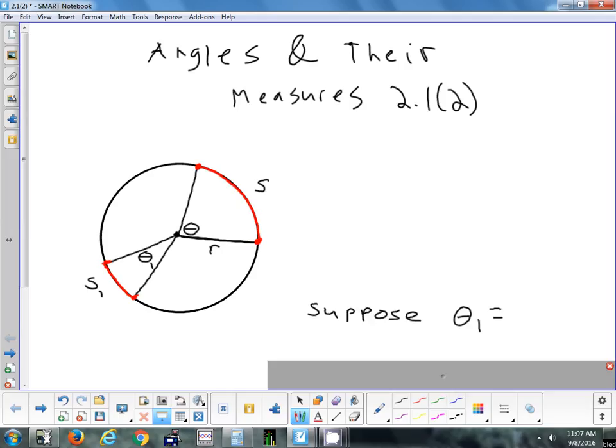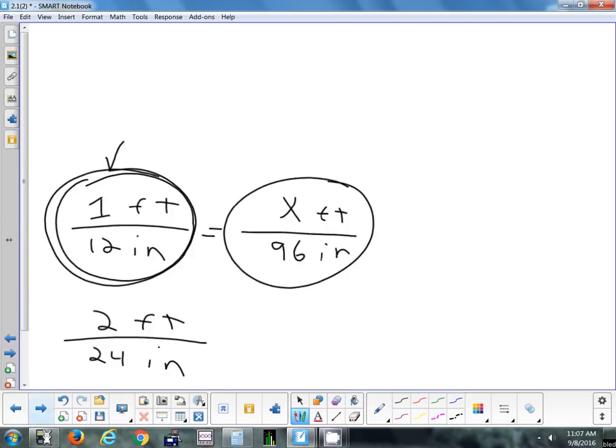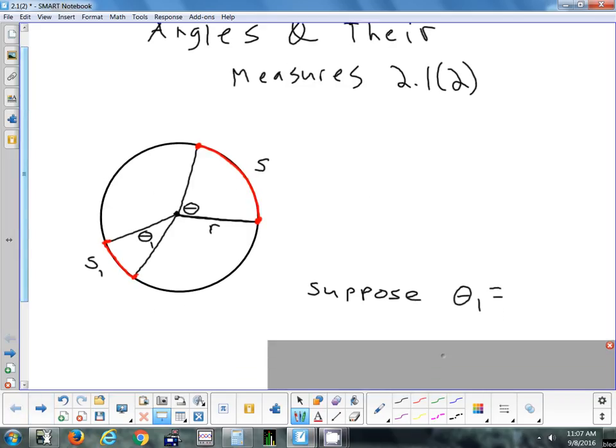So, we're going to start off by letting theta 1 equal something. And just because I'm about to let it equal a certain number, it's not going to limit what I can do with it. Still going to be able to convert anything to anything. But does anybody know what I could let theta 1 equal?